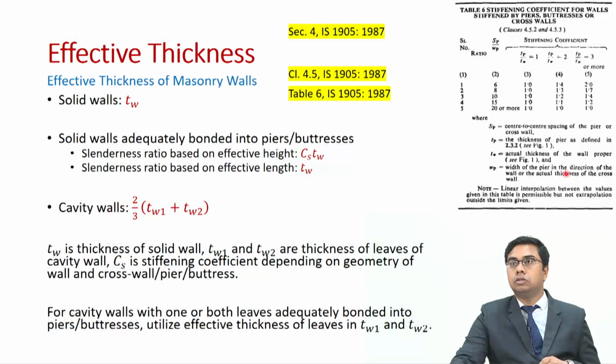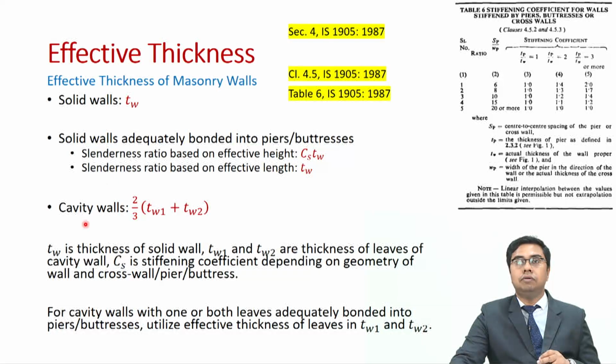We also need width of the pier in the direction of the wall or actual thickness of the cross wall, and based on this you shall be able to obtain the value of stiffening coefficient, that is CS, and this stiffening coefficient, if you closely observe, it is always greater than 1. Why is it so? Because we are considering this stiffening coefficient only for cases where you have the solid walls adequately bonded into piers or buttresses.